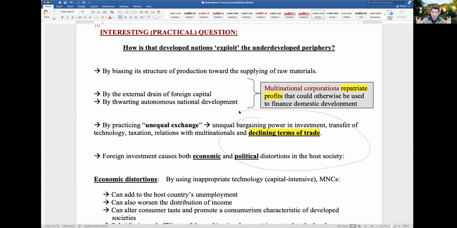The basic idea is that because the price of raw materials is decreasing relative to the price of manufactured, highly technologically advanced goods, poor countries that specialize in the production and exports of raw materials have to produce and export an increasing amount over time in order to buy the manufactured, highly technological goods from rich nations.